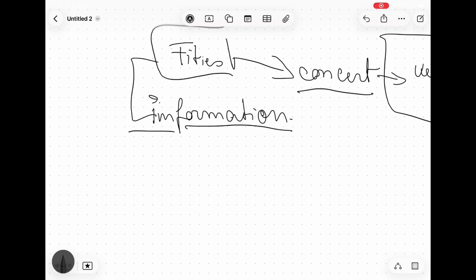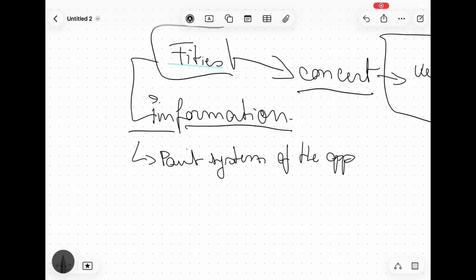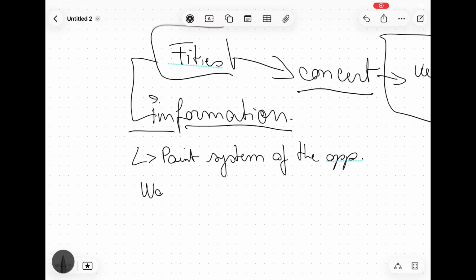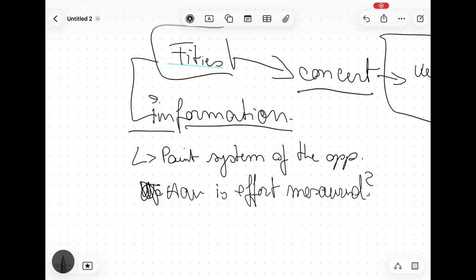For them, it's going to be very important to understand the point system of the app, or how effort is measured. And why do I think this is important?